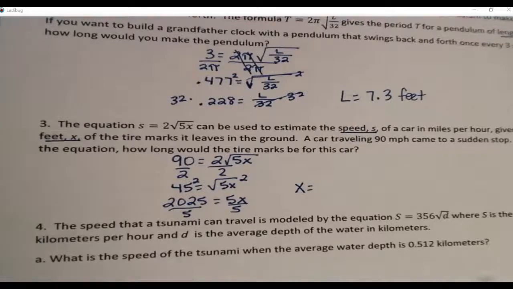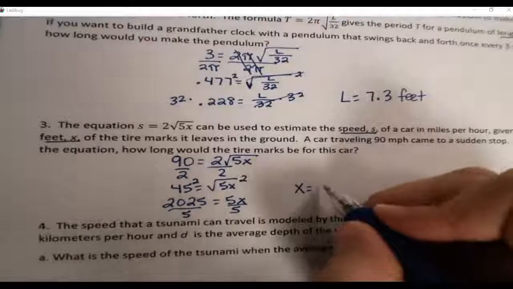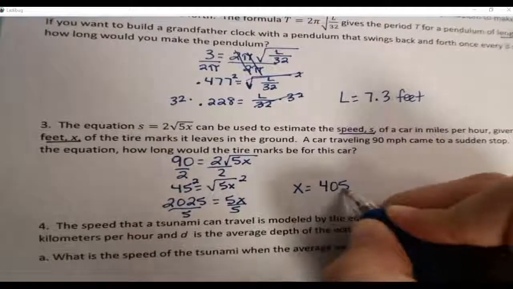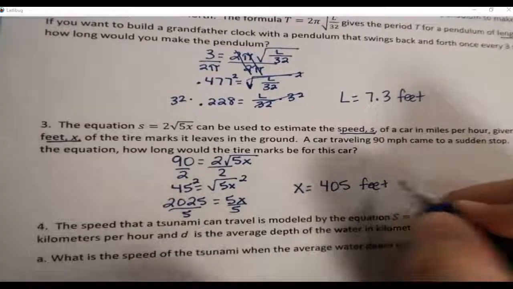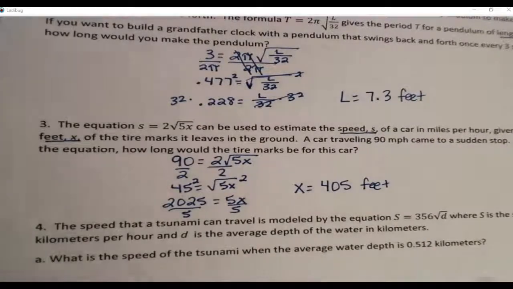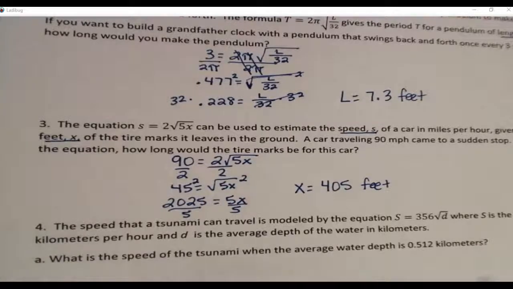And we get 45 what? Good. Feet. Oh, Taylor, it's right there on the wall. Good. Any questions on that one?